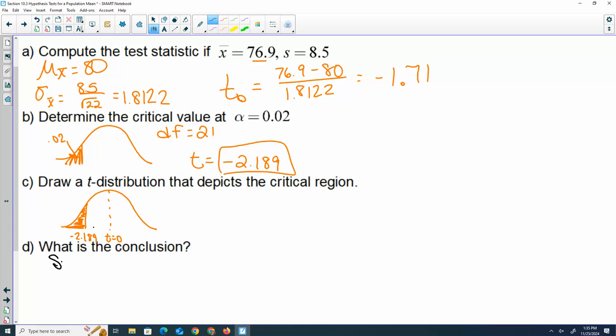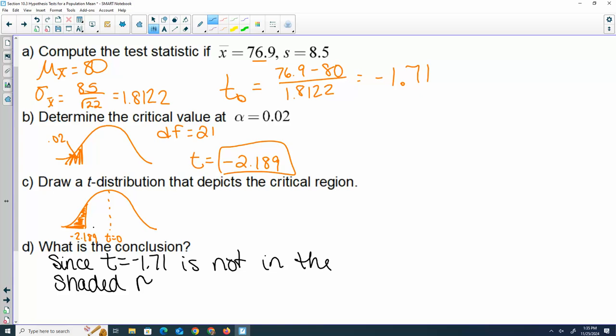So this t means we fail to reject. Can we say since t sub 0 is greater than that number?